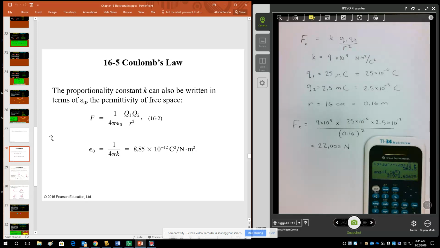And so epsilon naught is defined as 1 divided by 4 pi times Coulomb's law constant K. And the quantity epsilon naught is equal to 8.85 times 10 to the negative 12.